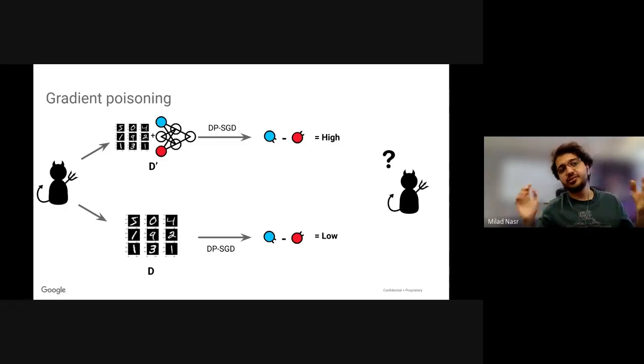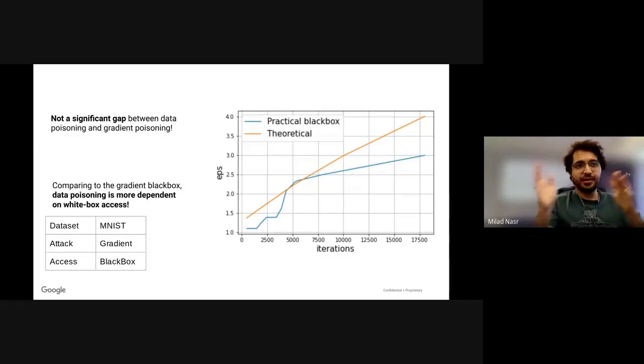In general, if the distance is high, then the adversary says it's from D prime. If it's low, it says D. When we apply this attack, we can see that we improve the results again when we go from input to gradient, but the improvement is not that much.